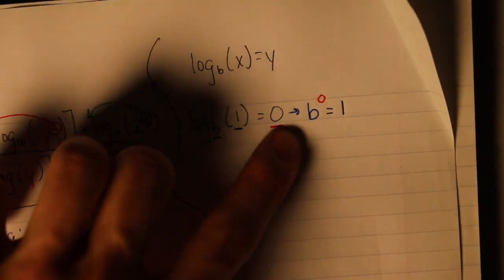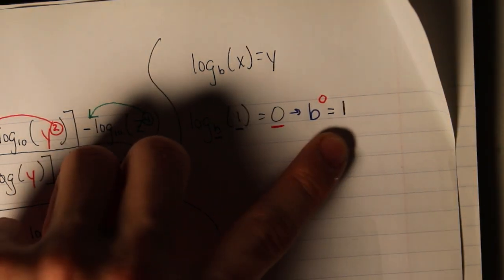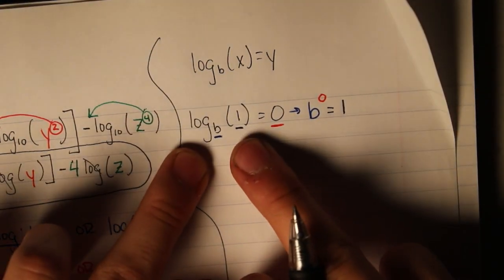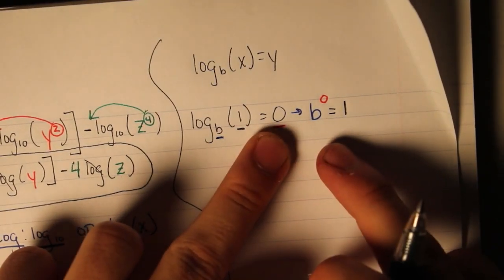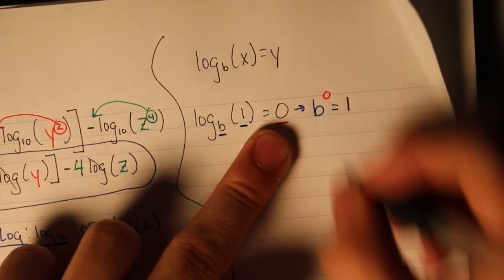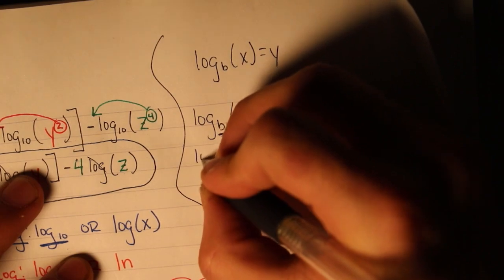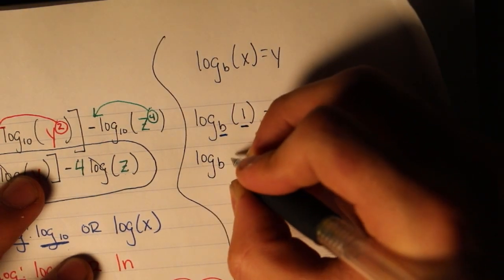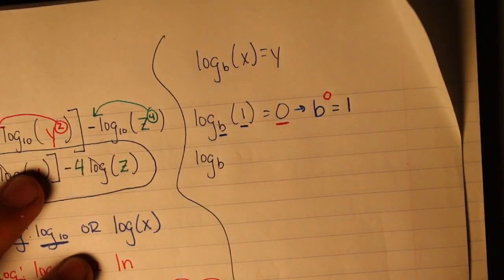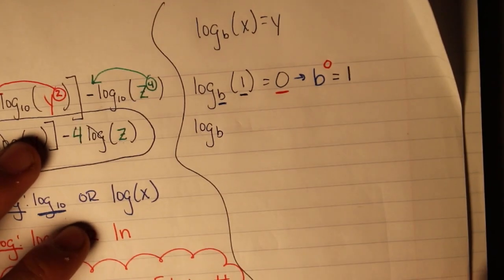And we all know b to the 0 power will give you 1. So if this confuses you, you can switch it to exponential form and it will make sense. And that goes for most of the rules that we learned in the very beginning, 1 through 4. You can justify them by thinking about it as an exponent.